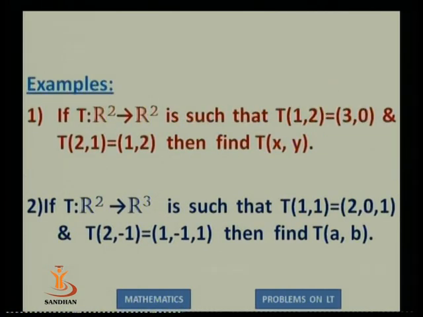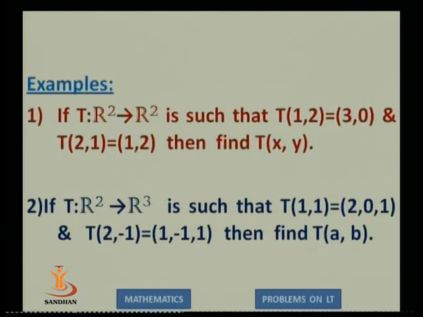We come to the examples on this. First, we have T from R2 to R2 defined this way: T of (1, 2) is equal to (3, 0) and T of (2, 1) is equal to (1, 2).